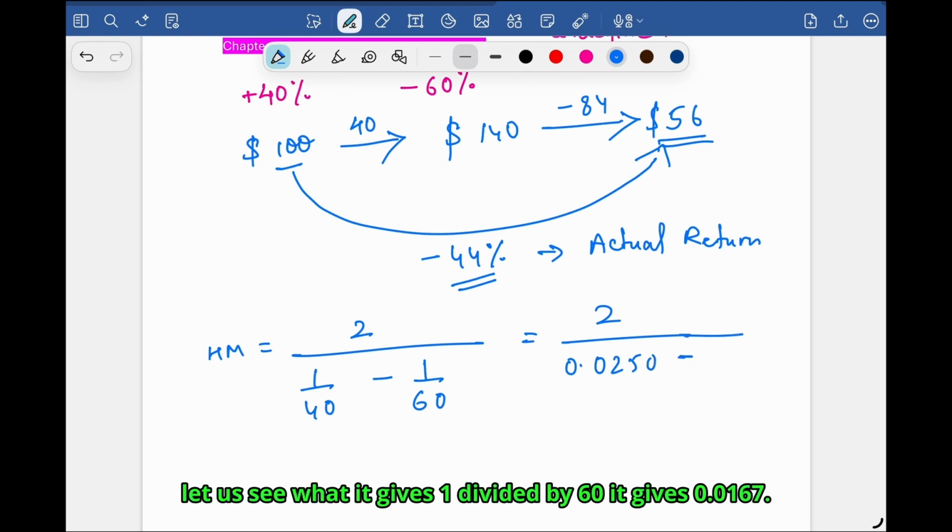Let's see what it gives. 1 divided by 60 gives 0.0167.